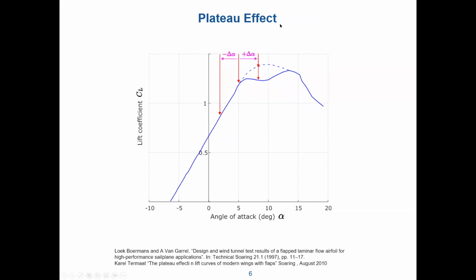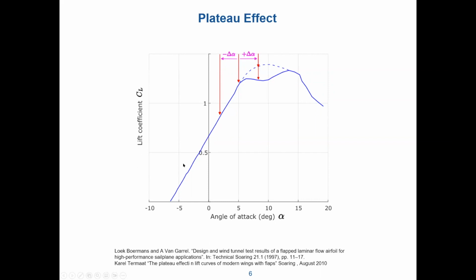We've seen that the vertical bursts or gusts cause an angle of attack change here, delta alpha. We fly this here. Now, let me first introduce what is plotted here. This is the lift coefficient. This is the angle of attack.